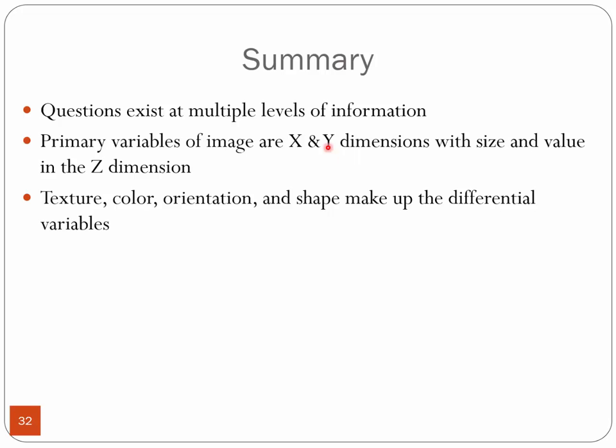So the X and Y plotted dimensions are probably the most powerful 2 variables. Then we get to the Z of size and value, a little bit less powerful, but still quite powerful. And then, of course, we go through texture, color, orientation, and last but least, in terms of encoding power, is shape, that make up the differential variables.